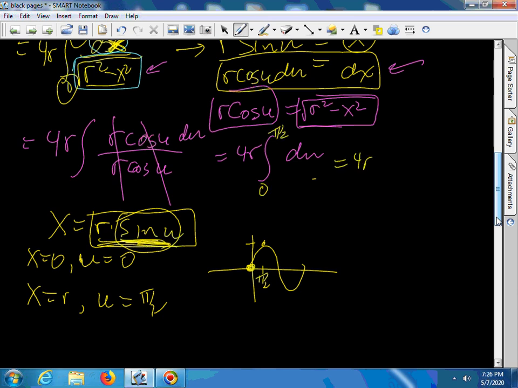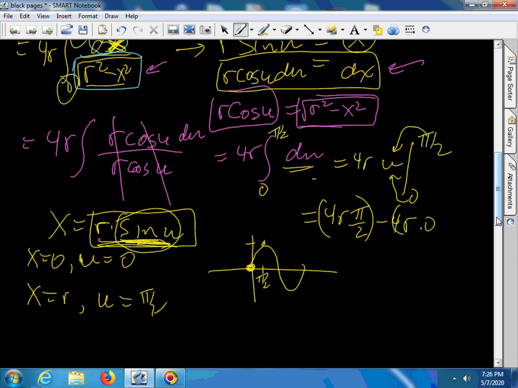And there's the 4r. The integral of du is simple. It's just u. And u goes from 0 to pi over 2. So you get 4r times pi over 2 minus 4r times 0. And of course, 4r times 0 is 0.